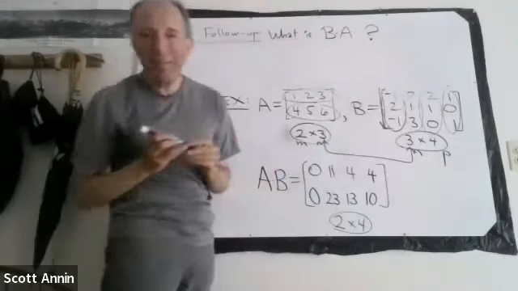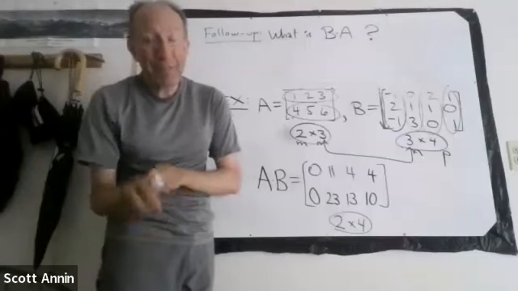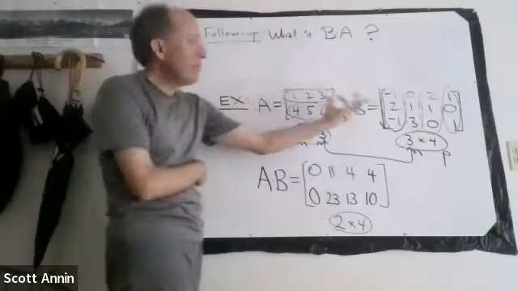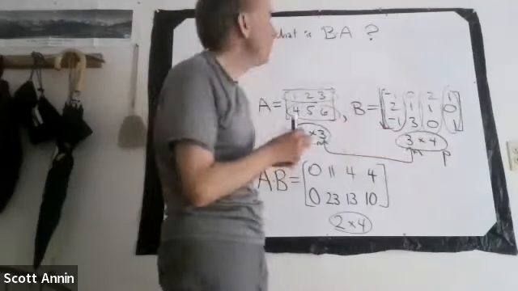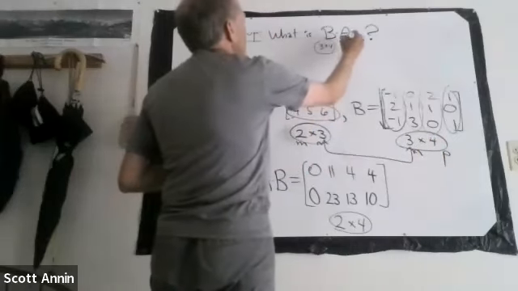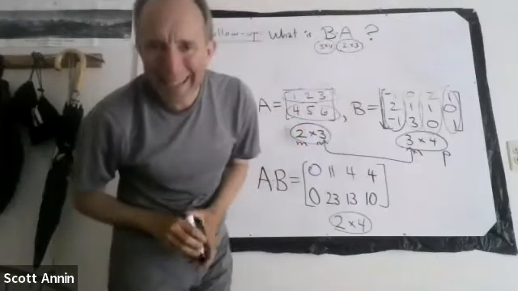It's kind of interesting. Well, maybe you want to pause the video again and think about it for a second. Look at the matrix B. The size is 3 by 4, so this is 3 by 4 right here. And the matrix A is 2 by 3. Is there anything wrong with that?